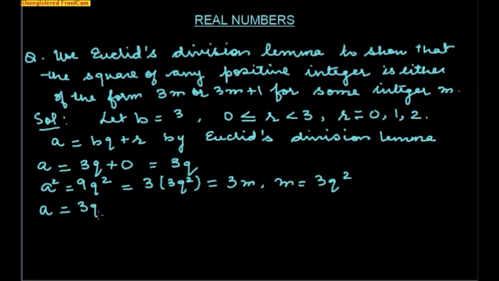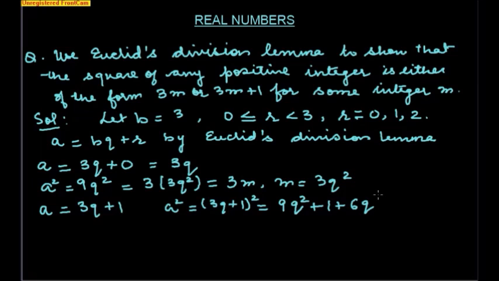Now I take case 2, where the remainder is 1. Now I square it. When I square this, a square, I get 3q plus 1 whole square. I apply the formula for a plus b whole square, which gives 9q square plus 1 plus 6q.